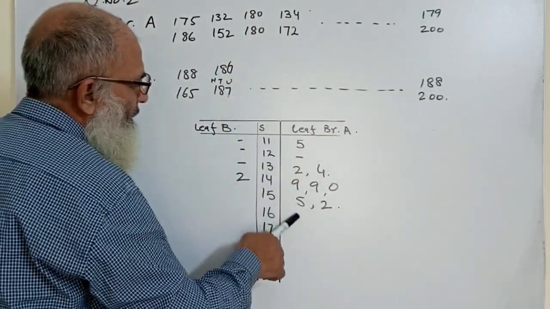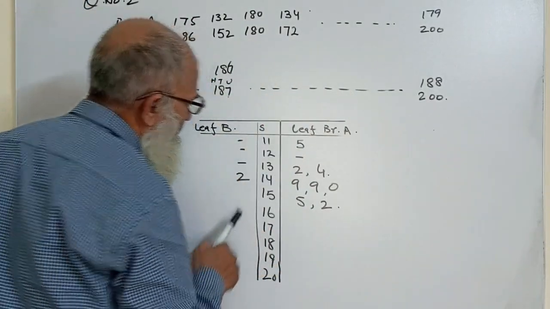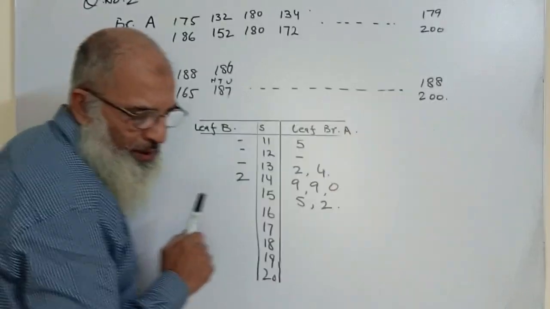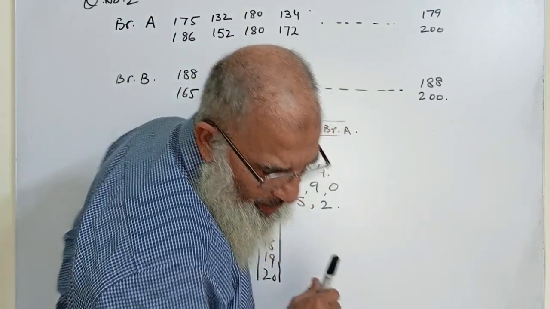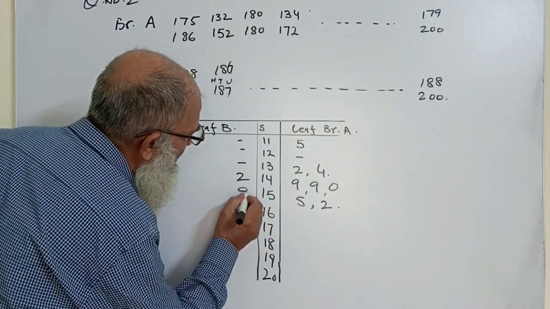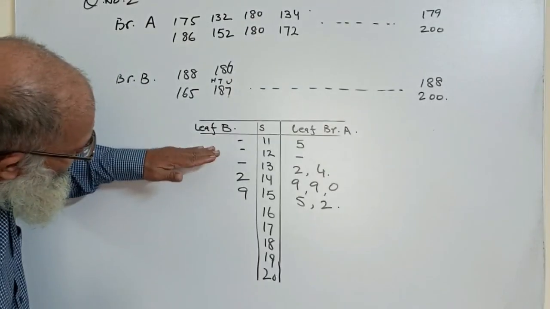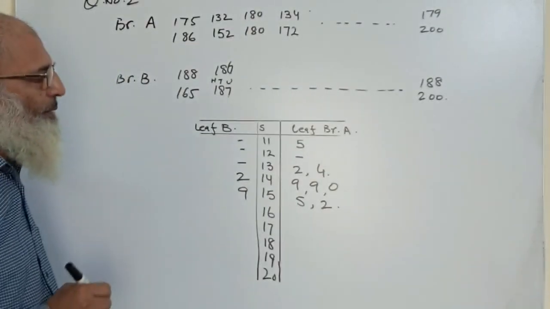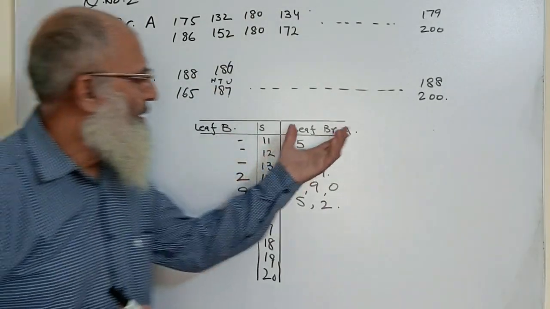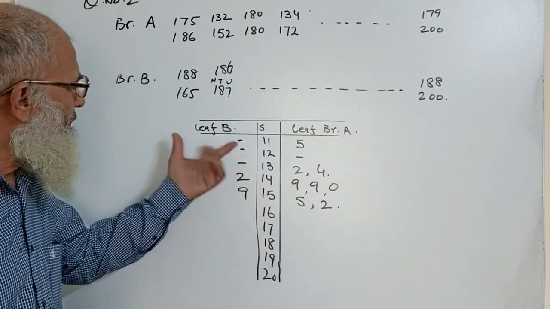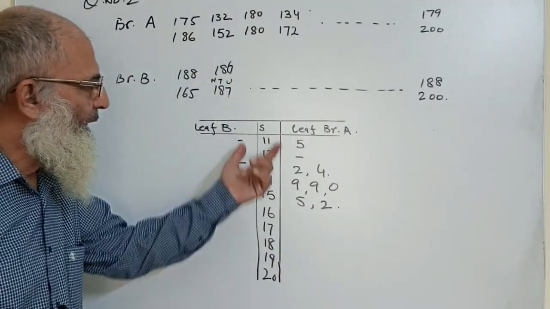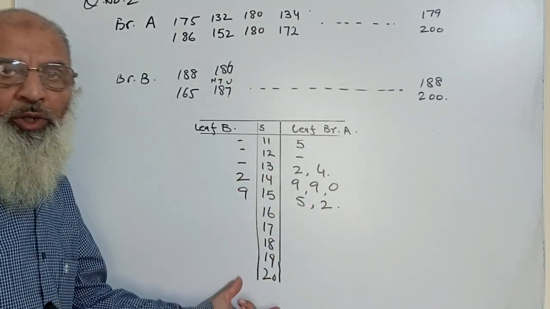There must also be 155 over here. And in branch B there is 9. So we'll be completing this table: leaf of branch A, leaf of branch B and the stems all together.